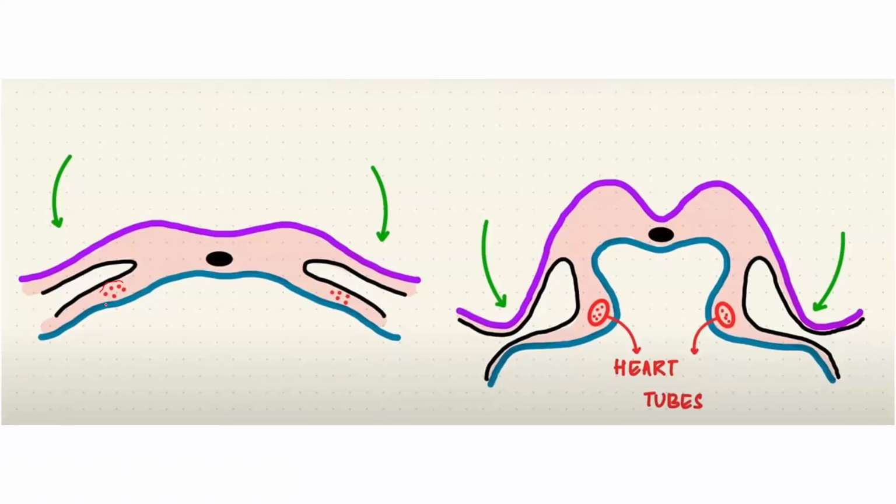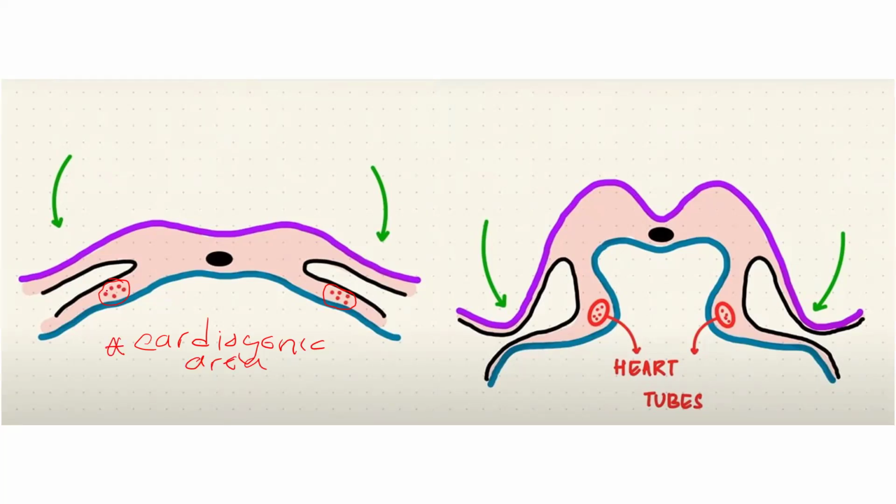Within the splanchnic mesoderm, the underlying endoderm induces the overlying splanchnic mesoderm in an area known as the cardiogenic area. As the name suggests, this area will give rise to the future heart.